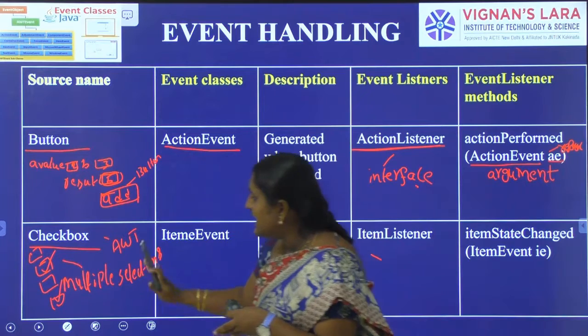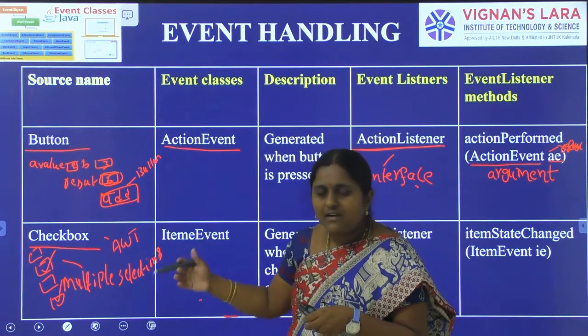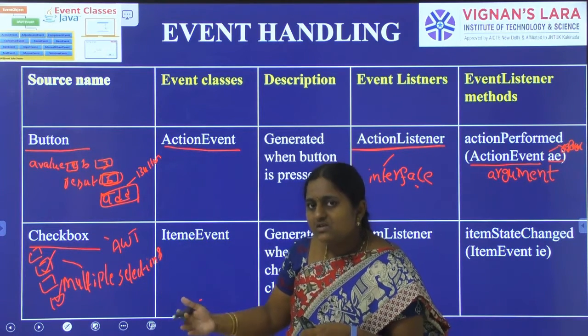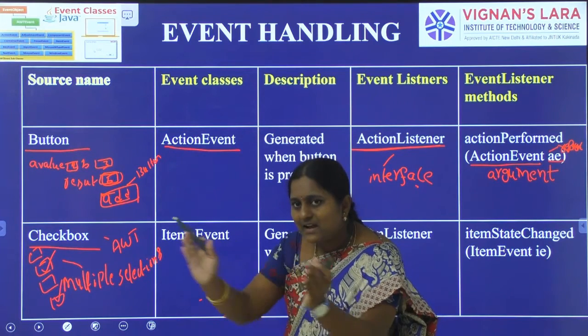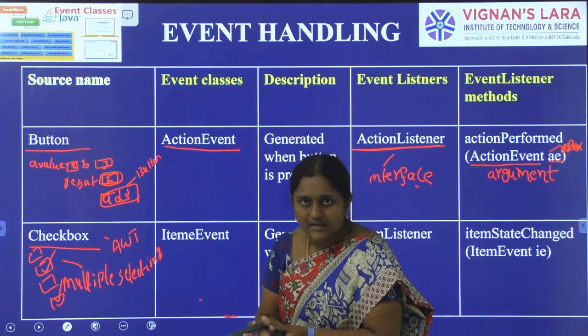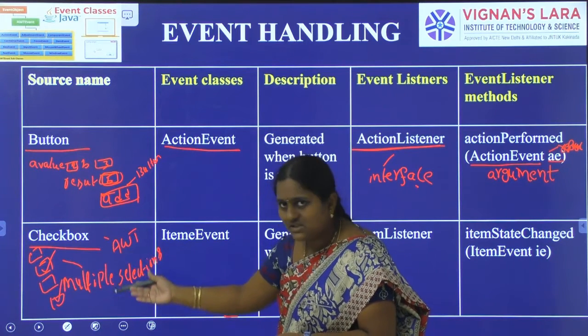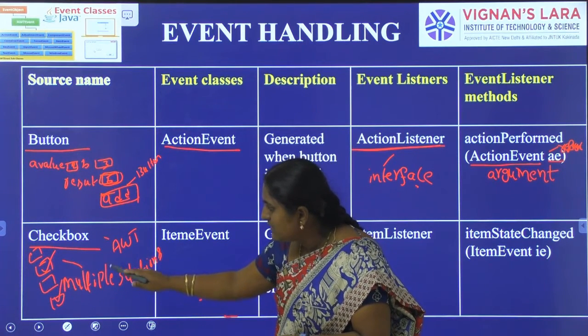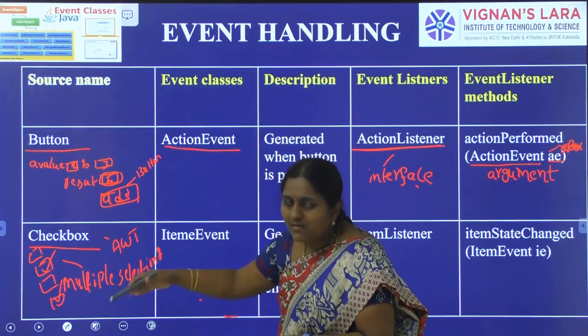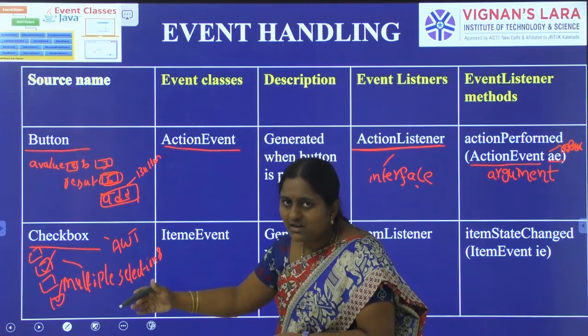Initially it is deselected. Whenever you click on the checkbox, the area changes to selected. So checkbox means multiple selections. I think you might be aware of these checkboxes. Initially it is deselected, and whenever you select it, the event is generated.